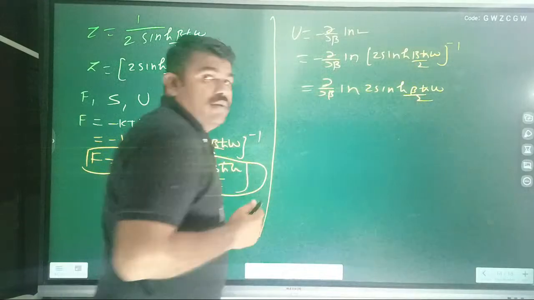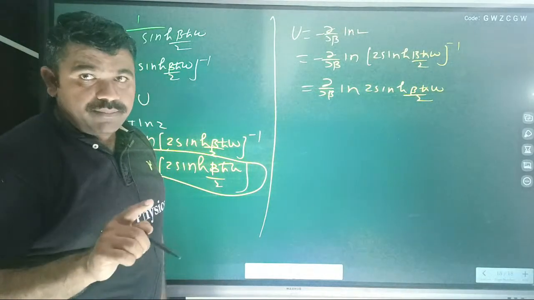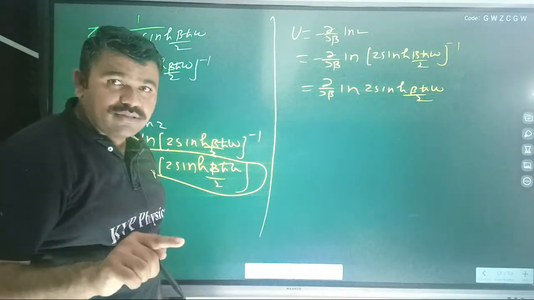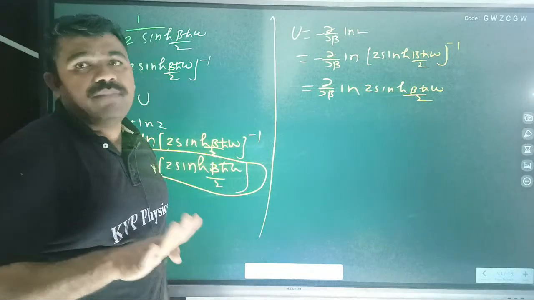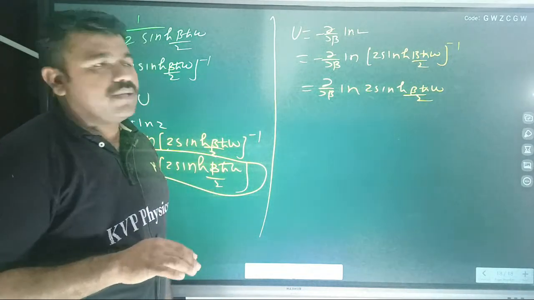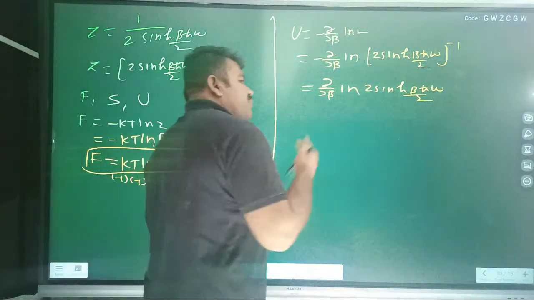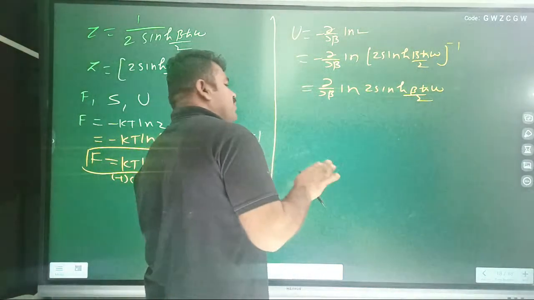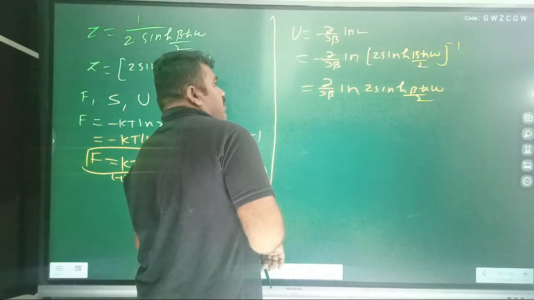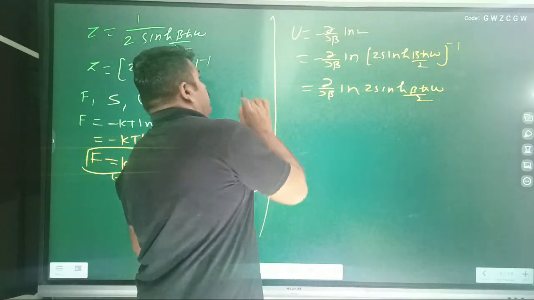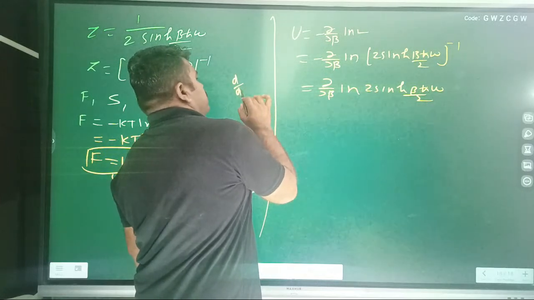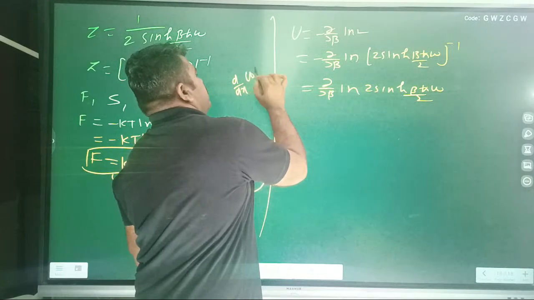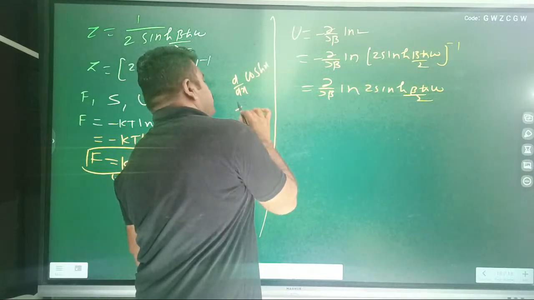What is the derivative of sin hyperbolic? Always memorize: derivative of sin hyperbolic is cos hyperbolic, and derivative of cos hyperbolic is not minus, it is again plus sin hyperbolic. The other sin cos formulas are the same, but always memorize: derivative of cos hyperbolic x is plus sin hyperbolic x.